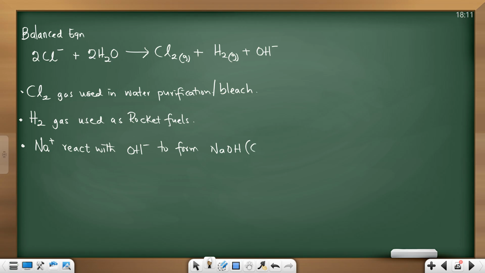Hydroxide, which is caustic soda. Caustic soda is used in making soaps, paper, paint. Oh, by the way, hydrogen gas is also used in margarine.